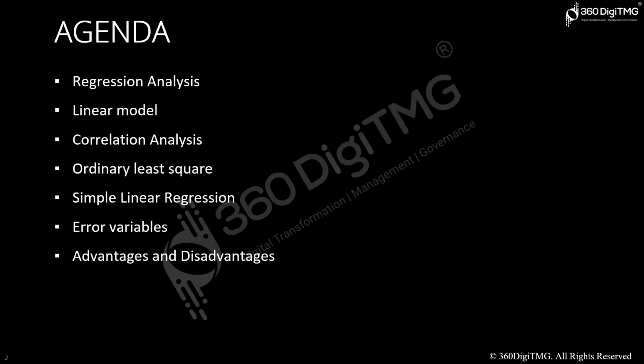The agenda for simple linear regression would be first getting to know what regression analysis is, and then a linear model, correlation analysis, ordinary least squares, simple linear regression, error function, and finally advantages and disadvantages.